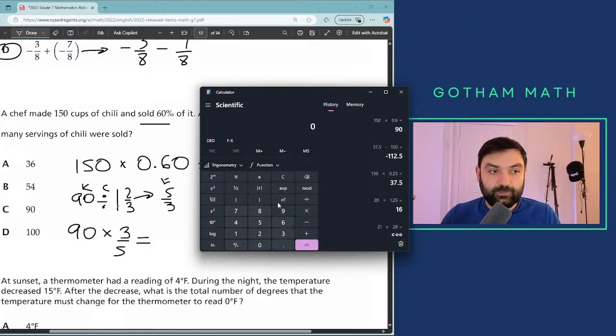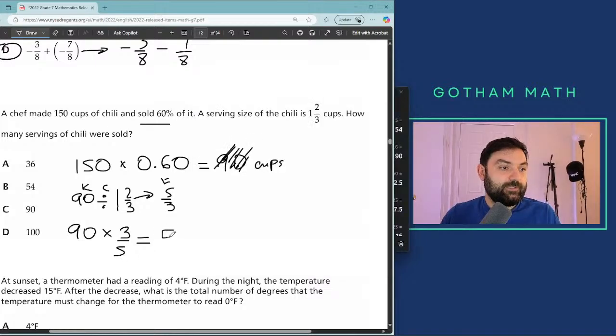You first multiply by the numerator, and then you divide by the denominator, boom, that's the answer. So this is how you multiply by a fraction: times the numerator, divided by the denominator. The answer is 54.